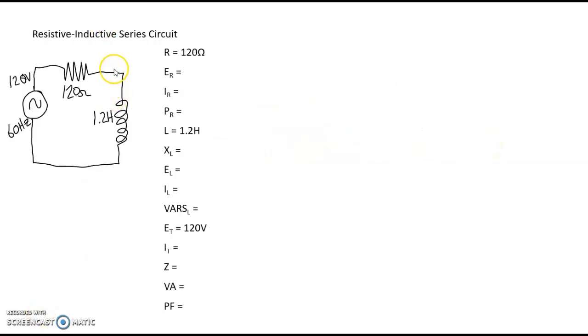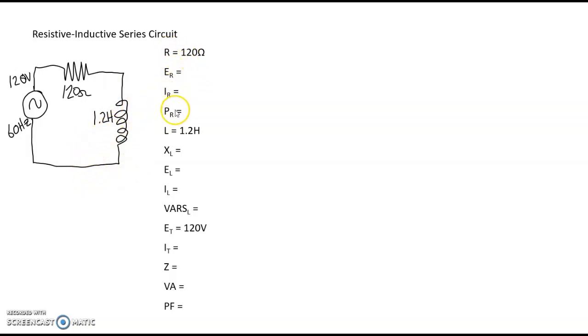And that brings us to this resistive inductive series circuit. We can tell that this is a resistive inductive circuit because it has a resistive element and an inductive element.